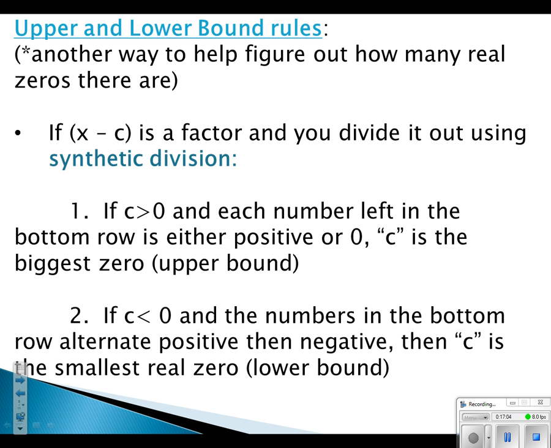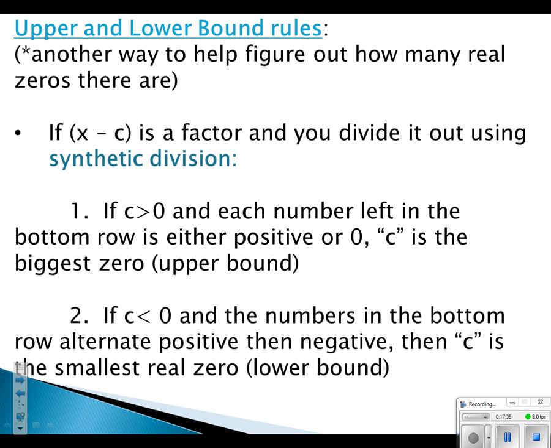If c, that number in the factor, was greater than 0, and each number left over in the bottom row of your synthetic division is either positive or a 0, c is the biggest 0 you're going to find. So whatever that number was, if the entire bottom row of your synthetic division is 0 or higher, it's the highest number that's going to be a 0. Don't check any options that would be bigger than that digit.